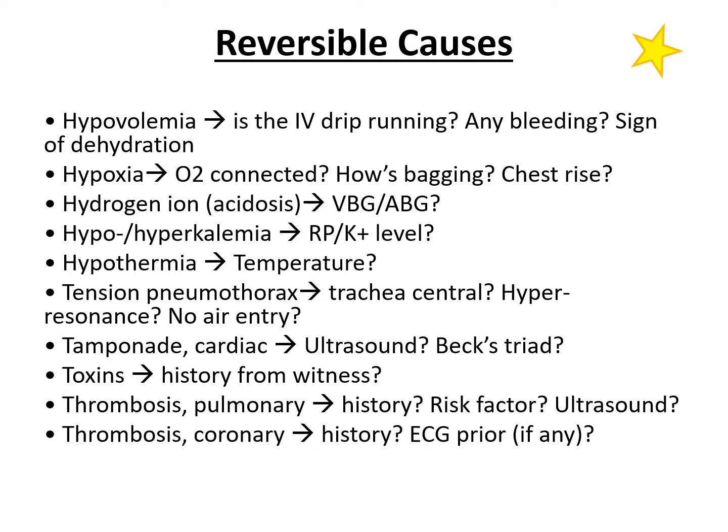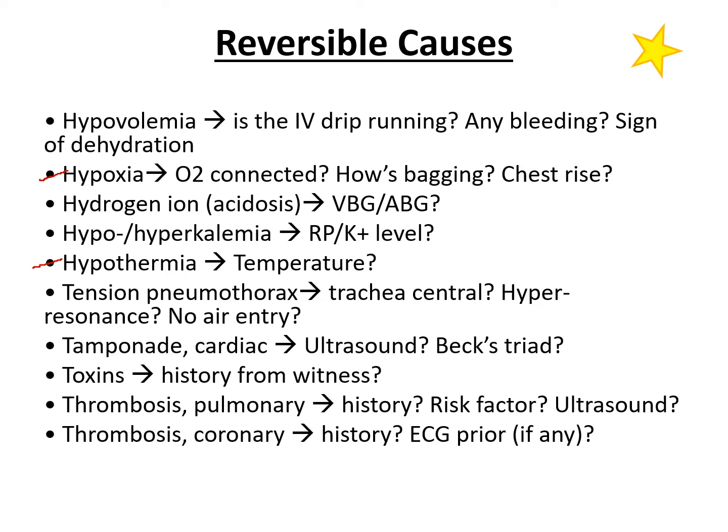Start from the forehead, you check for the temperature, whether there is evidence of hypothermia. Next, downwards, you check the ETT tube. You check whether there is evidence of hypoxia. Ask yourself how's the bagging, if there is chest rise or not.